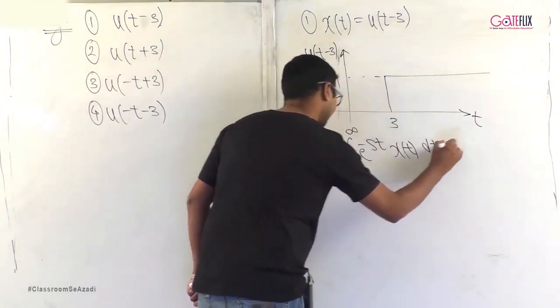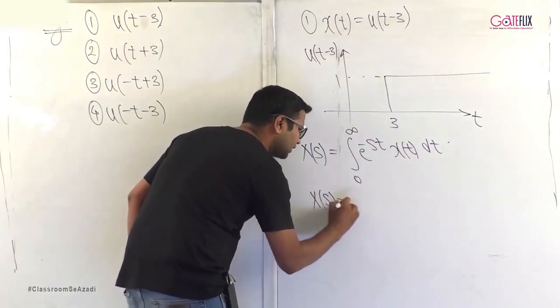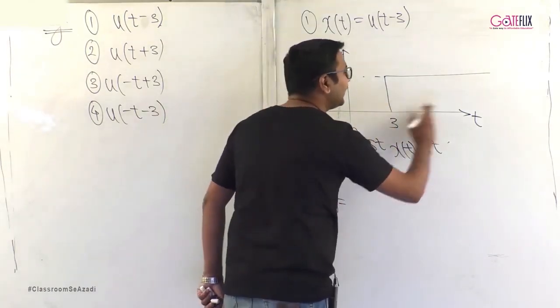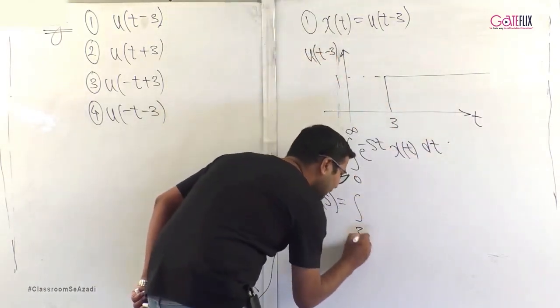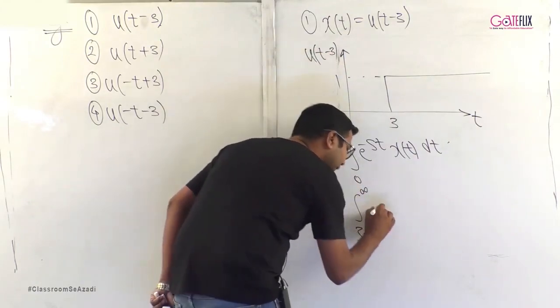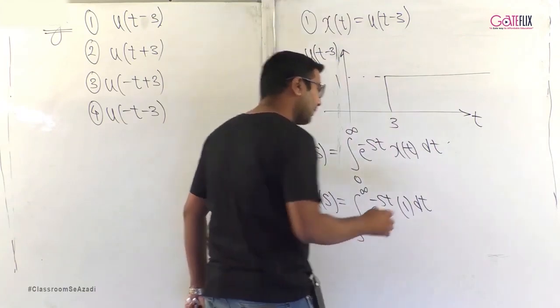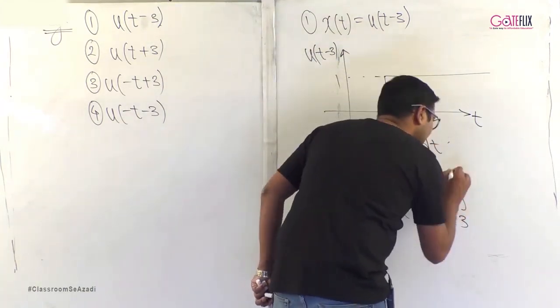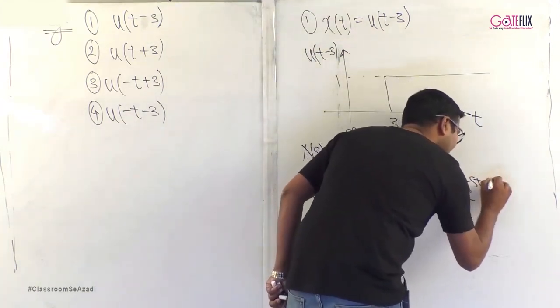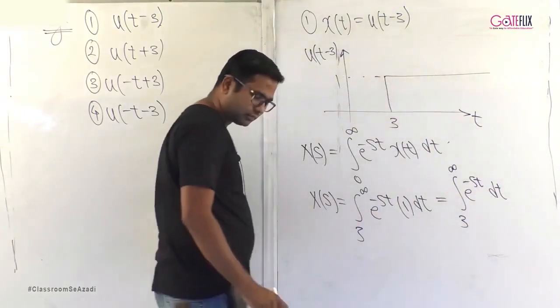of t dt. But since the function is starting from 3 and going to infinity, we can write this as integration 3 to infinity e raised to minus st into 1 into dt. Therefore, this will be integration 3 to infinity e raised to minus st dt.